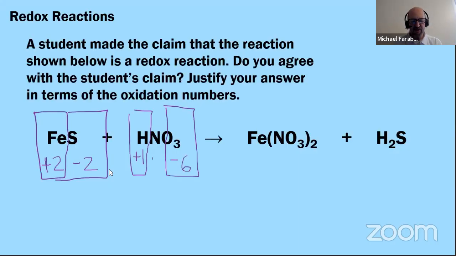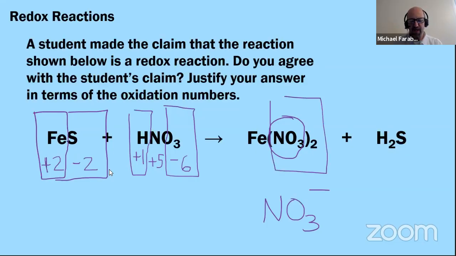That makes the nitrogen +5. Now, on the other side of the equation, we still have that same NO3 ion. Nitrogen will still be +5 in the nitrate ion. So nitrogen is not changing. The iron is bonded to 2 nitrates that are each worth -1. That means that the iron has to balance the 2 nitrates.